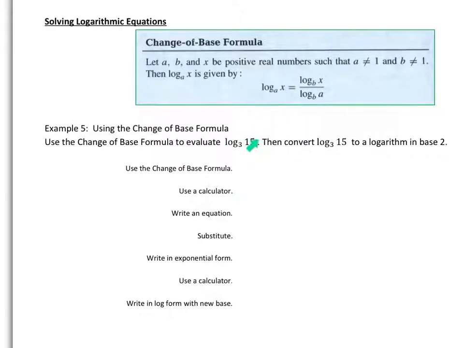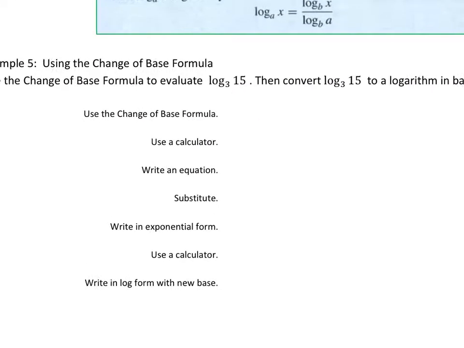Then once we get a decimal, we're going to convert that log base 3 to a log base 2. So this 3 will change to a 2, and the 15 will change to something else. Our first goal is to figure out what this equals as a decimal, which our calculator can help us do. I've written down these steps on the side, so we're going to use those.